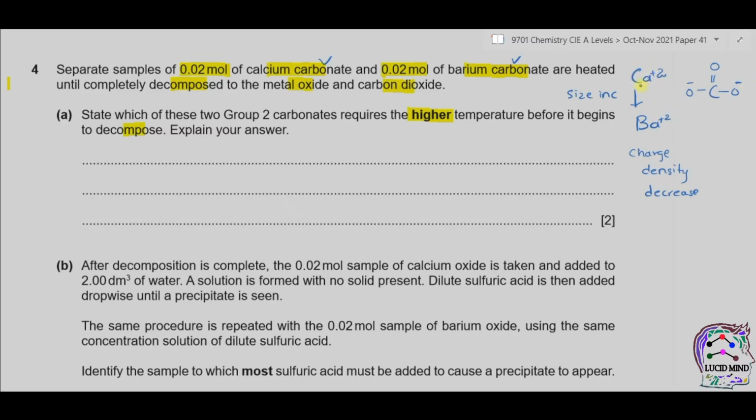Now if charge density is higher, it will polarize the carbonate and the carbonate will break easily. If charge density is low, then it will polarize the carbonate ion less. So barium carbonate will require more heat as compared to calcium carbonate in order to decompose. So we can write that barium carbonate requires more heat or higher temperature.